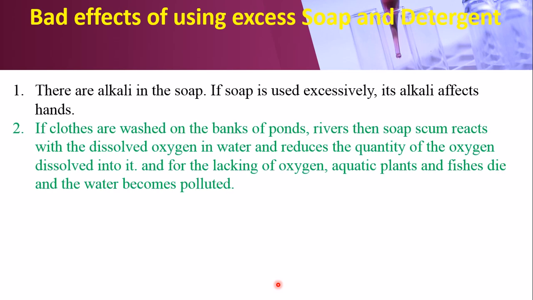If clothes are washed on the banks of ponds, rivers, then soap scum reacts with the dissolved oxygen in water and reduces the quantity of the oxygen dissolved into it. That means the DO value of water will be reduced for using excessive soap into water. And for the lacking of oxygen, aquatic plants and fishes die and the water becomes polluted.